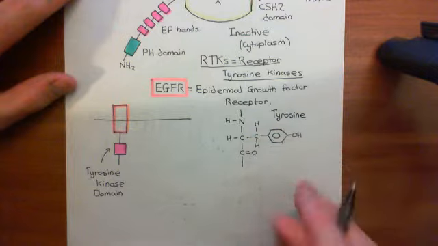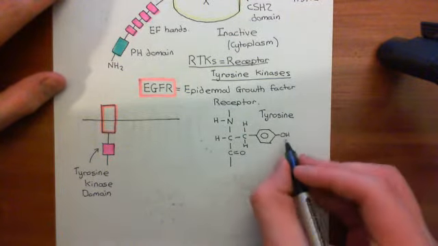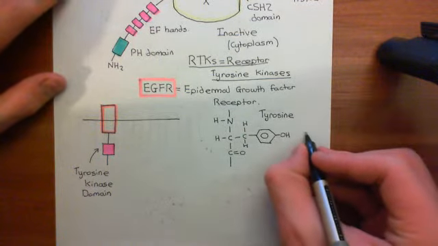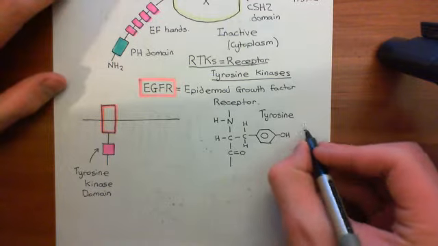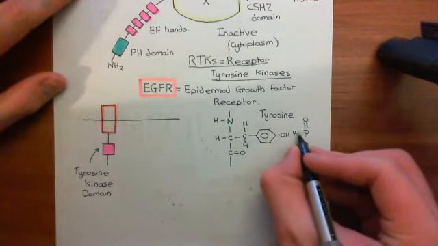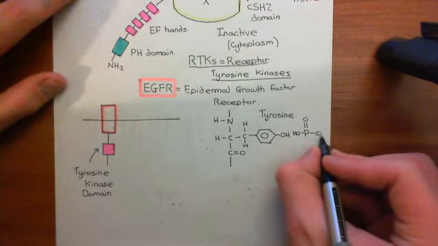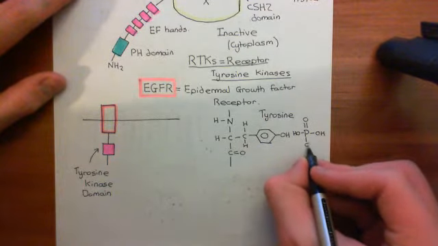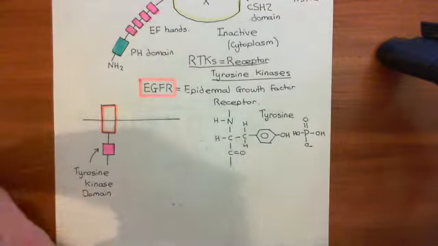Okay, now what you can do is you can phosphorylate that alcohol group coming off the benzene ring within the tyrosine residue. So let me show you the phosphate group here. Okay, and what you can do is you can attach that phosphate group via a phosphoester link.